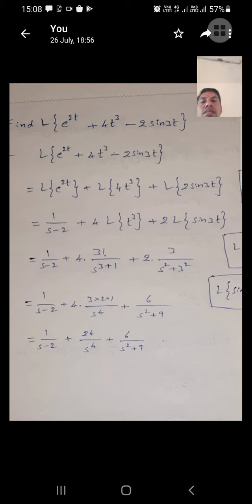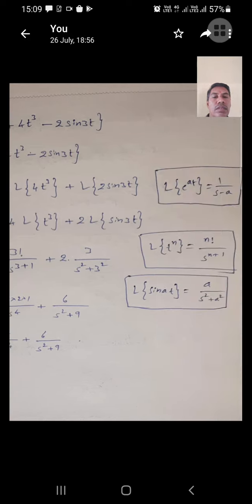That equals 1 by s minus 2 plus 4 into t cube means 3 factorial by s power 3 plus 1 plus 2 into sine 3t means a by s square plus a square, that is 3 by s square plus 3 square.